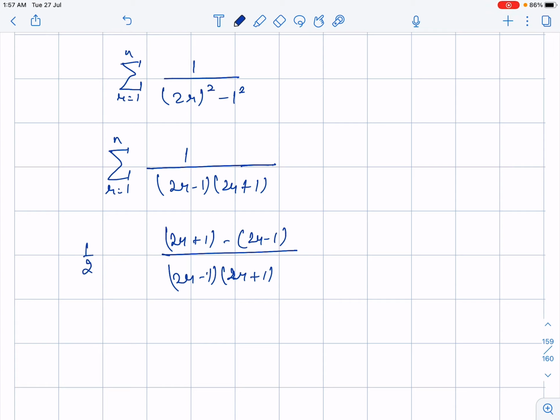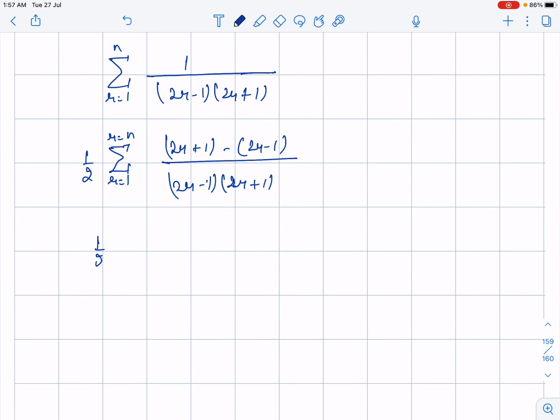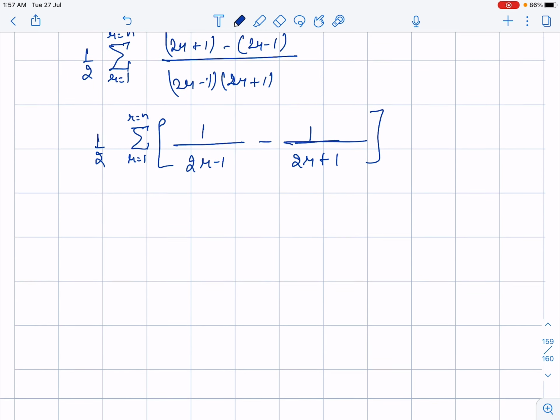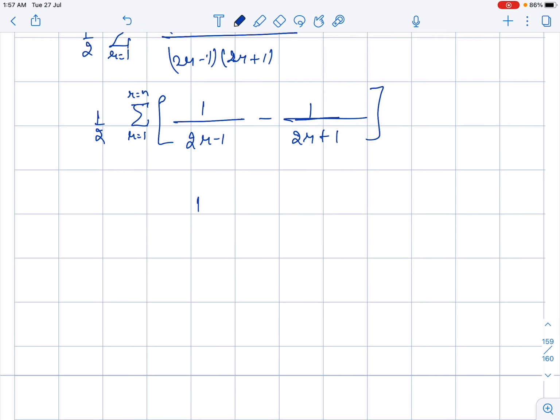and 1 upon 2 times the summation from r equal to 1 to r equal to n. So that means 1 by 2 times the summation from r equal to 1 to n of 1 upon (2r minus 1) minus 1 upon (2r plus 1), and then we keep the values of r to get the final answer. When r is equal to 1, that will be 1 by 1 minus 1 upon 3.